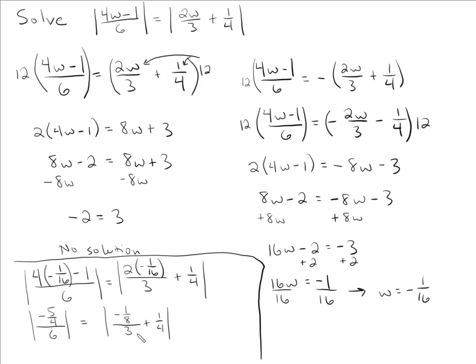And again, this is also in absolute value bars. Now we just have to simplify these. If we invert and multiply this, we'll have 5 over 4. This, remember, is 6 over 1. So that we can invert and multiply, we'll have 5/4 times 1/6. And so the 6 and the 4 in the denominator will multiply and give us 24. So we'll have 5 over 24 on the left side.